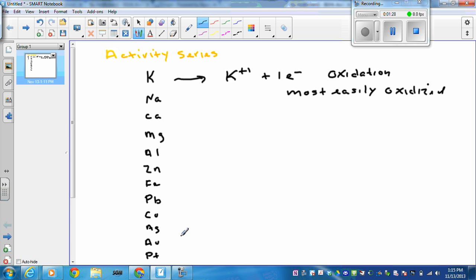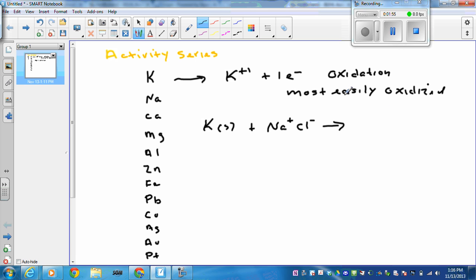The purpose of this series is to make a prediction and ask a question: what happens when two substances react? For example, if I had a reaction of potassium metal and it was going to react with sodium chloride, sodium +1 and Cl -1, would a reaction take place?